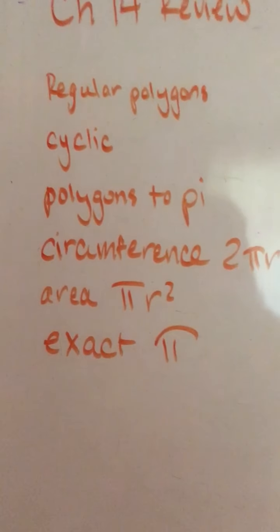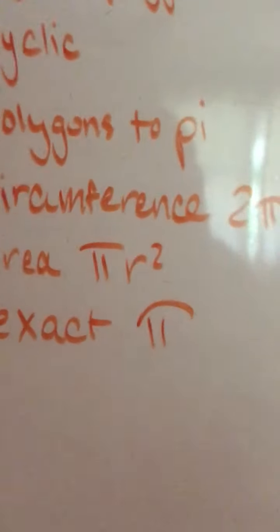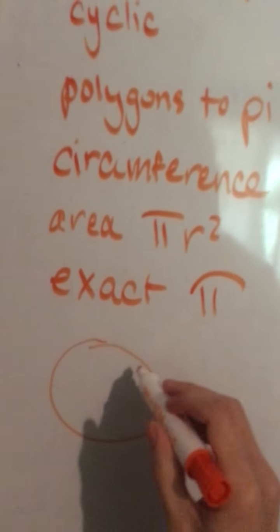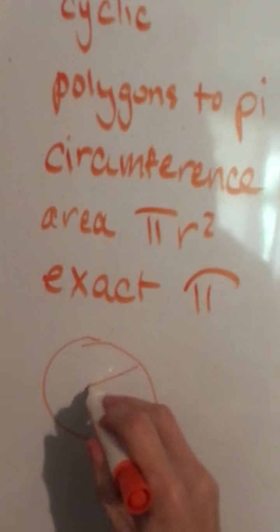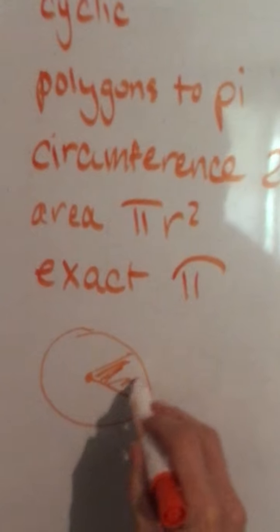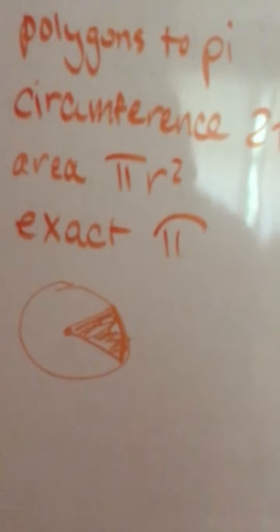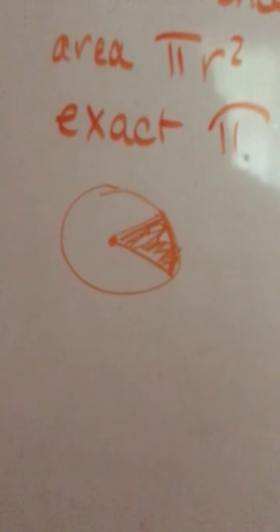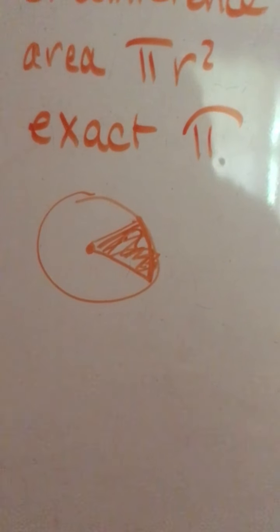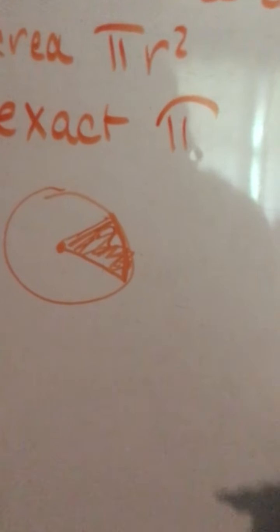The other thing we then looked at, and we did this in the Zoom call as well, was sectors. So a sector, remember, is going to be, here's my whole circle. Here's a central angle. And then I have a pie piece here. This pie piece is my sector. The pie crust is the arc. And I can pretty easily find the area of the sector or the length of the arc if I just know the radius, which is also going to be the side of this pie piece.